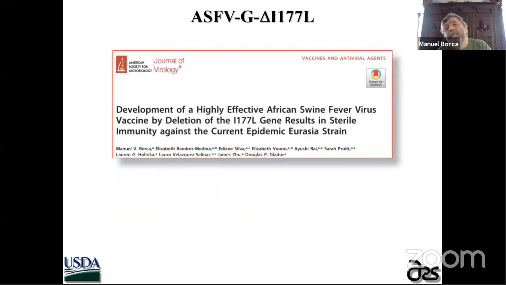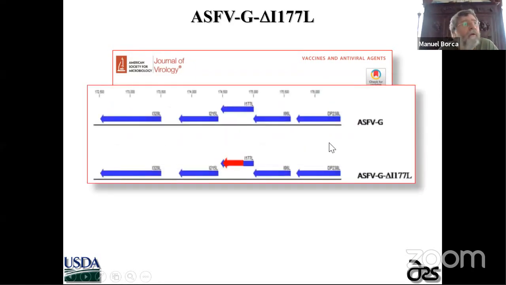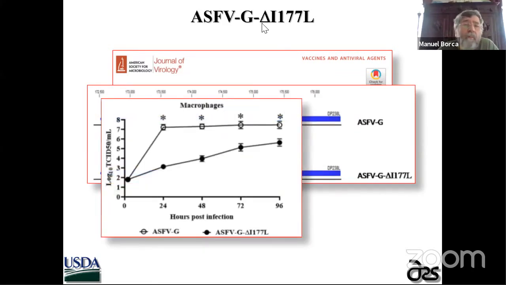And finally, to close this talk, I would like to talk about the last virus that we produced in our lab, which is the deletion of a gene called I177L, again a gene that had not been previously described. This gene also maps in the right area of the genome. We produced the virus on the Yorkshire strain.